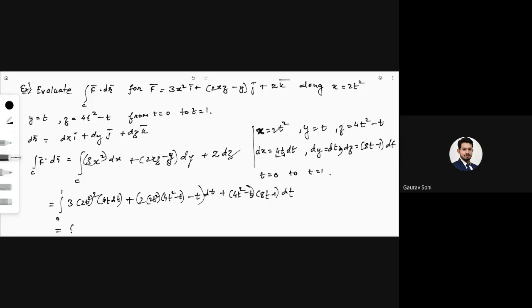This can be simplified. This is simple multiplication, addition, subtraction, which you can do.